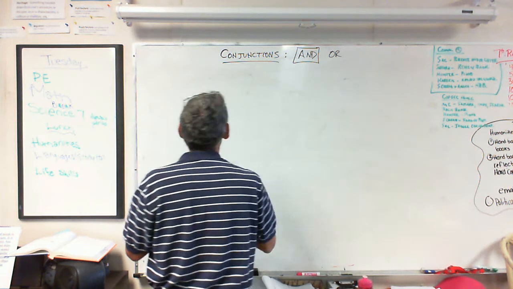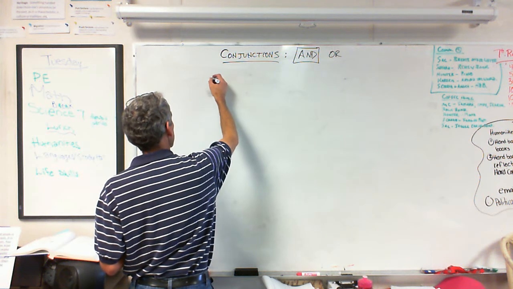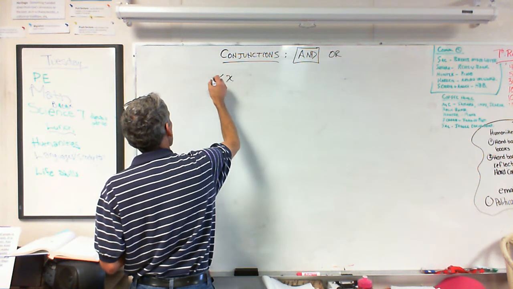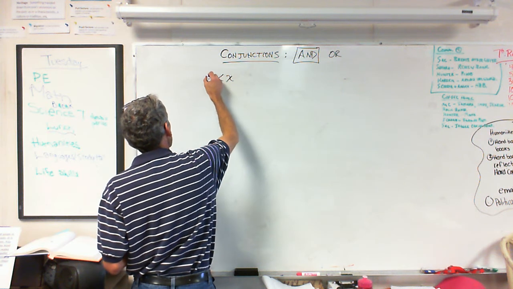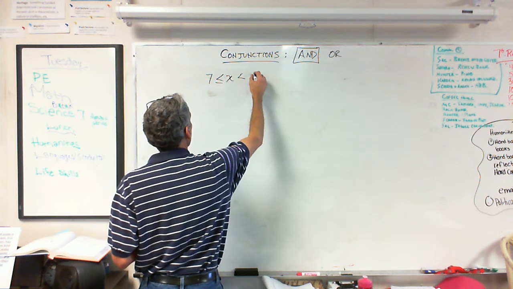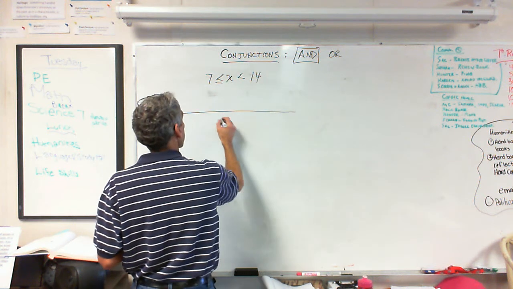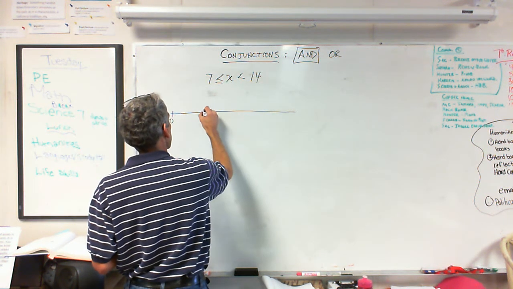Let's try another one. But this time, let's write it like this. Let's say x is greater than 7 and less than 14. So I've got my line. Here's 0. Here's 7.